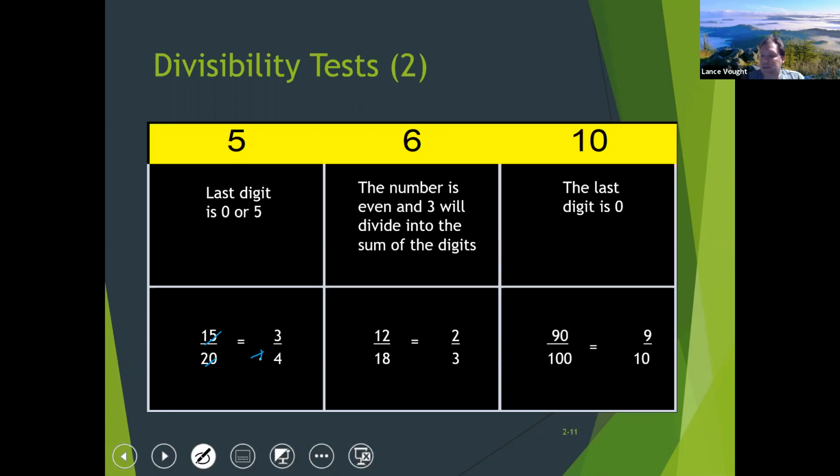When we get to 6, the number must be even and 3 will divide into the sum of the digits. So let me explain that. Odd numbers are not divisible by 6.